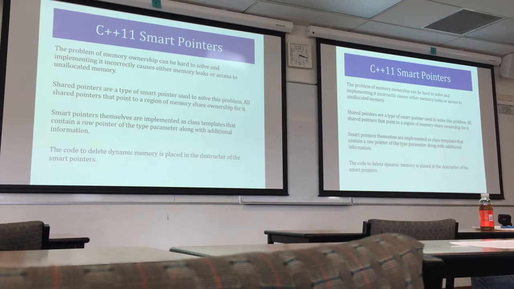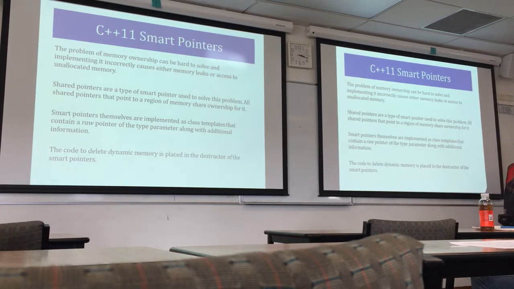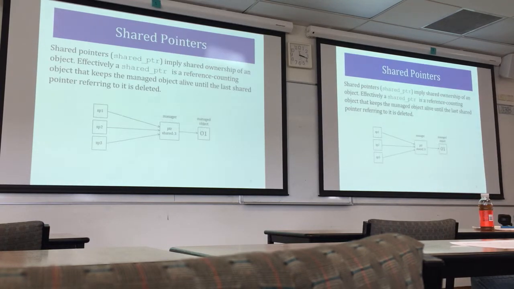Remember, when the objects go out of scope, destructors are called automatically. And you will see that for these pointers we use new to construct them, but we never use delete on them because the deletion is done by the destructor. Anyway, the first group, shared pointer, this is the syntax, remember.